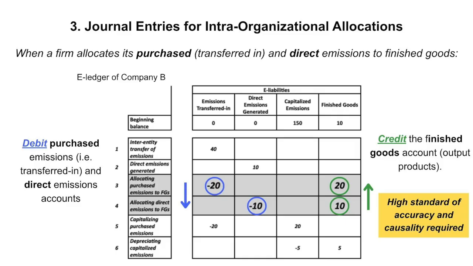But anyway, the journal entry, if the purchased emissions come from an input material that shows up in the output product, is very simple. We're going to debit the purchased emissions account and credit into the output product account. Now, if the purchased emissions came from a piece of capital equipment, we don't want to allocate all those emissions to a single product in a single period.